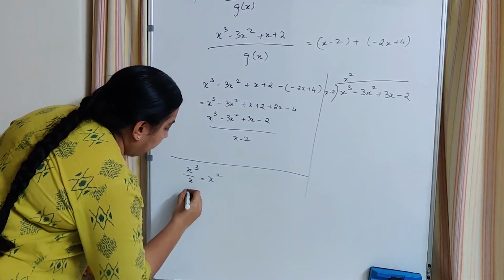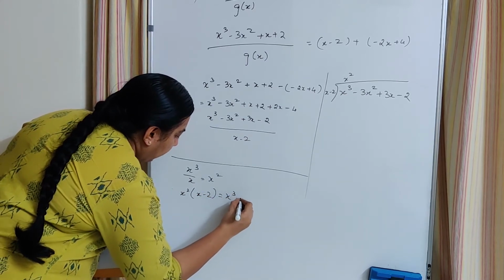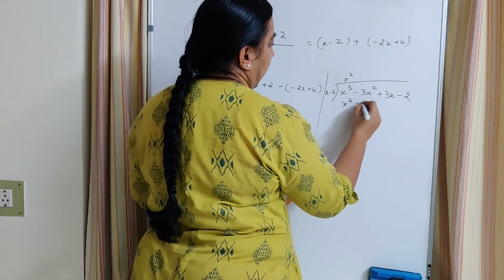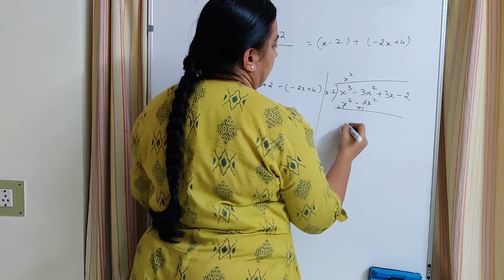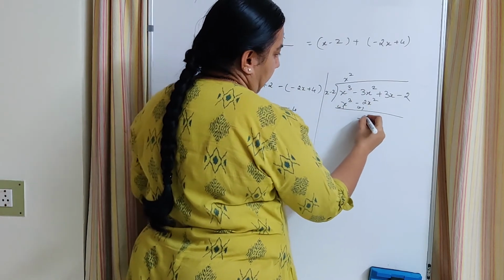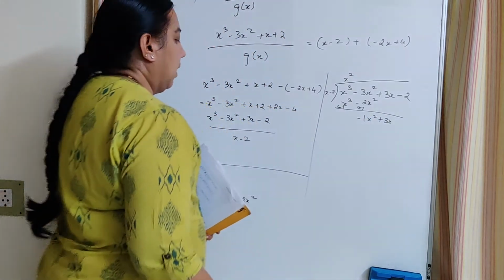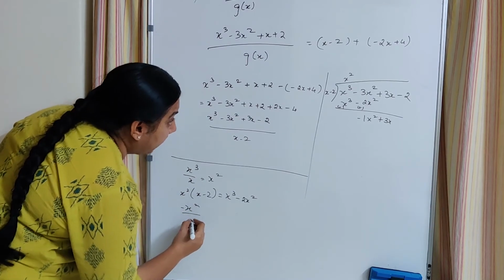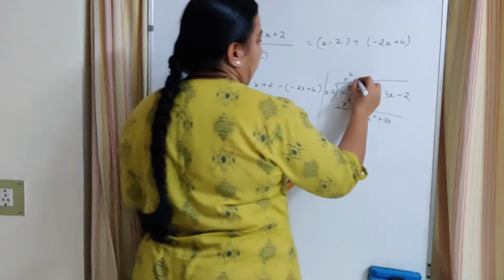Then x square into x minus 2 is x cube minus 2x square. I subtract, so I change the signs, and x cube cancels. The remaining is minus x square plus 3x. I bring the next term down. Now minus x square divided by x is minus x again, so minus x.